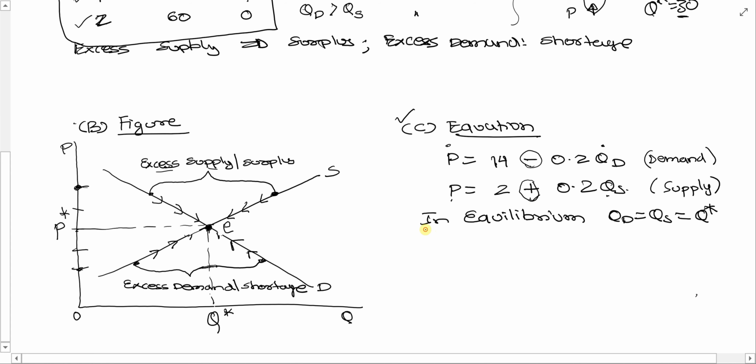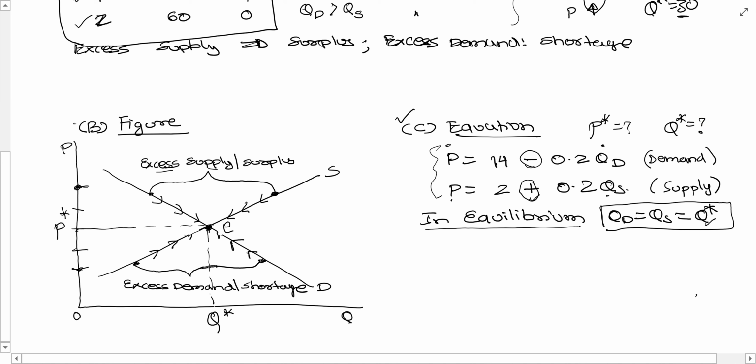And we know that in equilibrium, QD, or quantity demanded, has to equal quantity supplied, which has to be the same number we represent by Q star. So here we have two equations, a demand equation and a supply equation, and we are interested to figure out the equilibrium price and the equilibrium quantity.